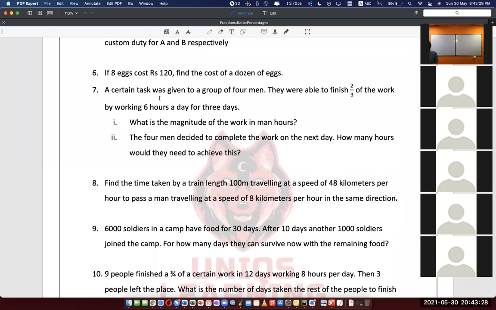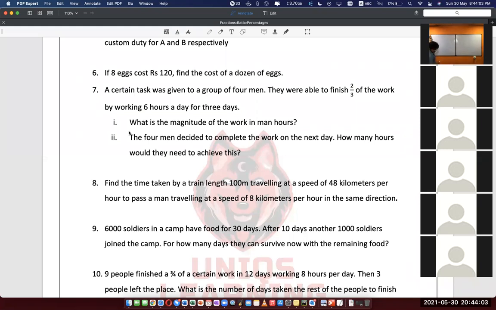A certain task was given to a group of 4 men, and they were able to finish 2/3 of the work by working for 6 hours a day for 3 days.